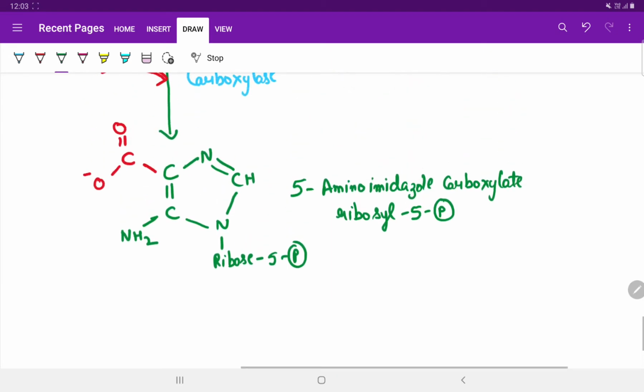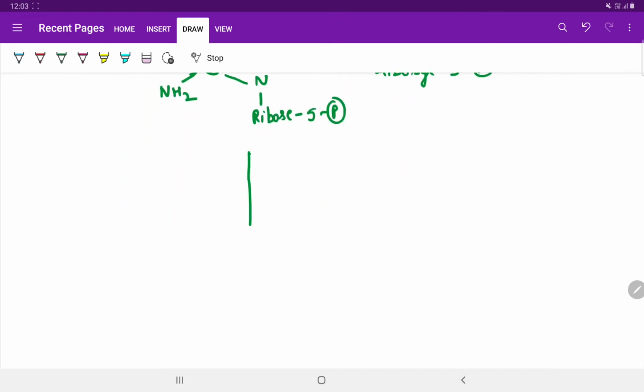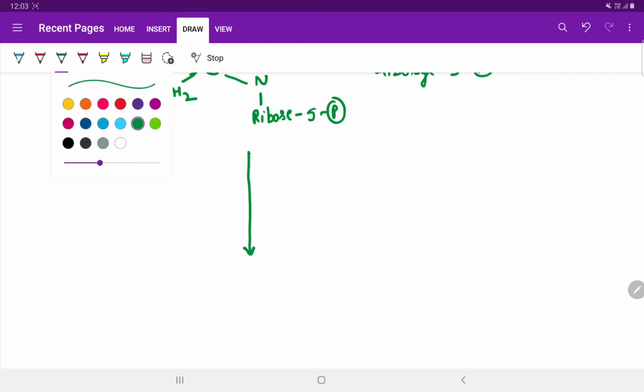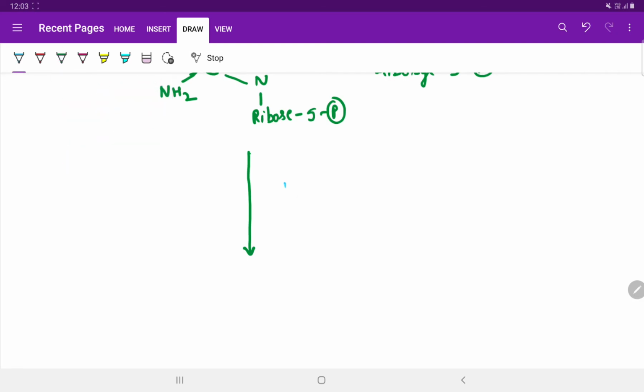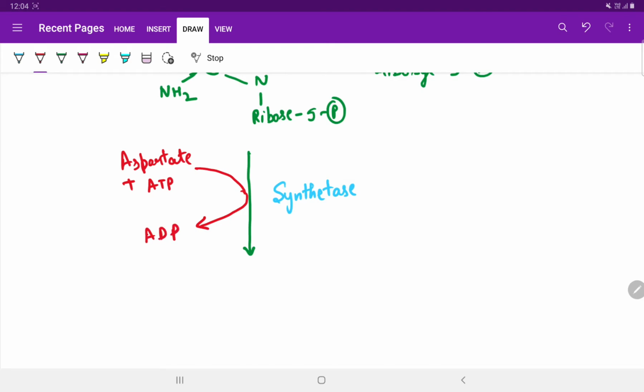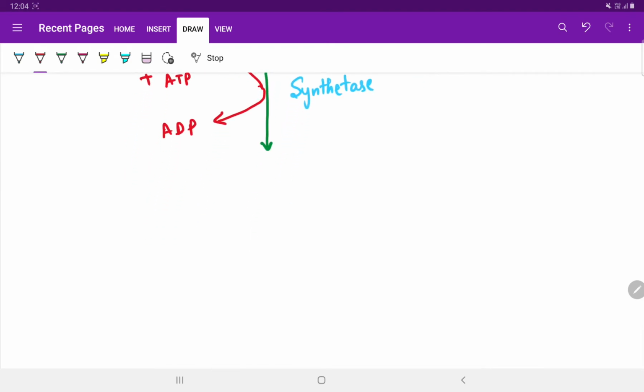Next, again in presence of synthetase enzyme, an aspartate molecule will be added along with utilization of an ATP. So this will lead to formation of a succinyl carboxamide.